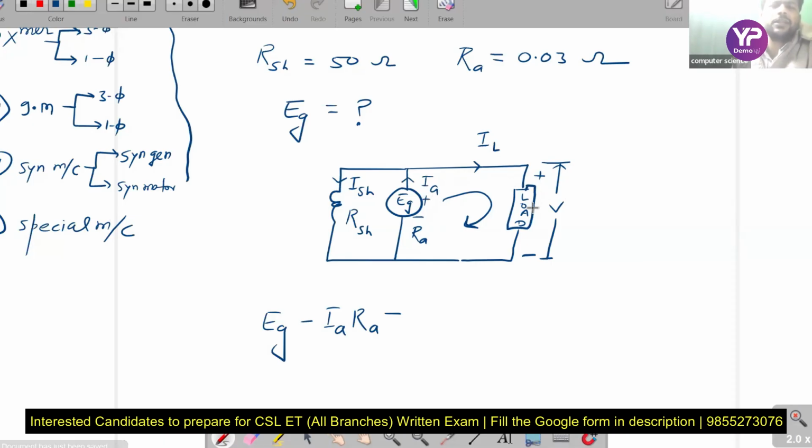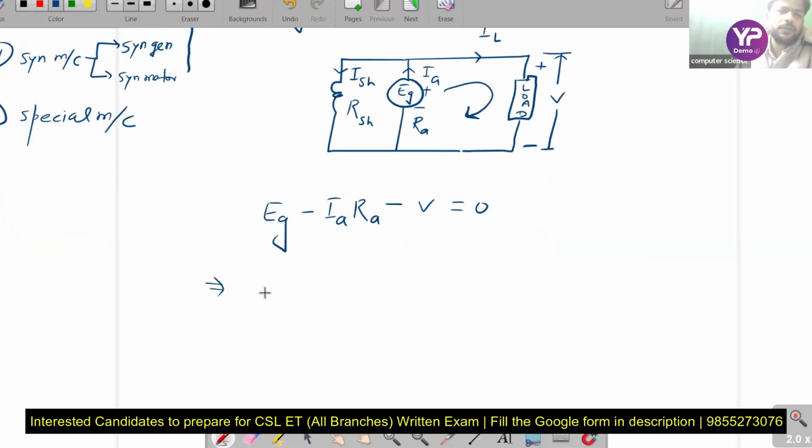For the load, the initial polarity is positive because current always flows from high voltage to low voltage, so this is the initial polarity and this is the final polarity for that element. So EG minus IA RA minus V equals 0. Rearranging, EG equals V plus IA RA.